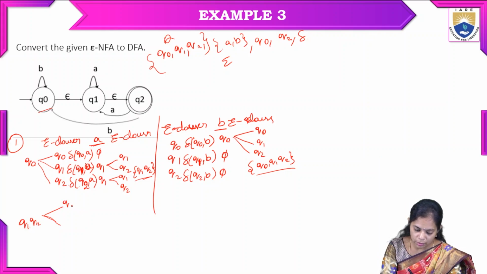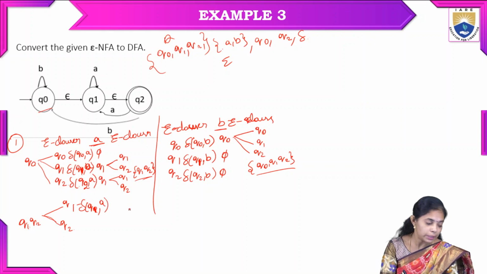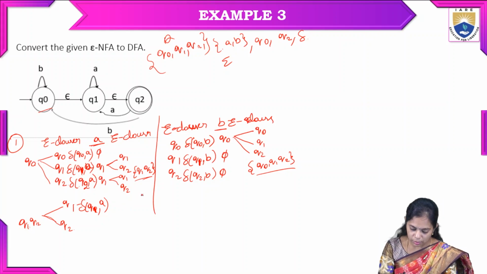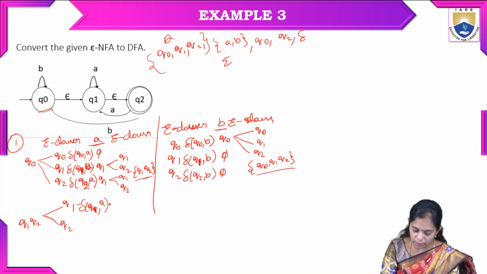So Q1 is the result, which has the Q1 epsilon closure and Q2 also. Transition of Q1 comma A input has the result Q1 comma A. So Q1 comma A is Q0 only, Q1 only, and Q1 has Q1 and Q2 epsilon closure.